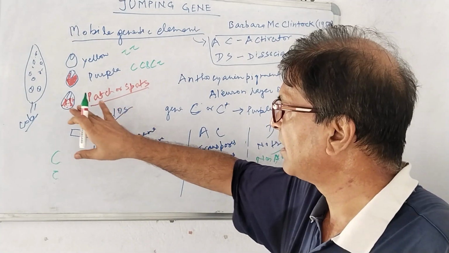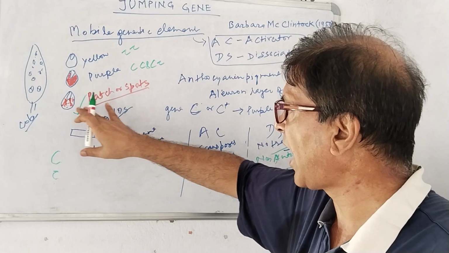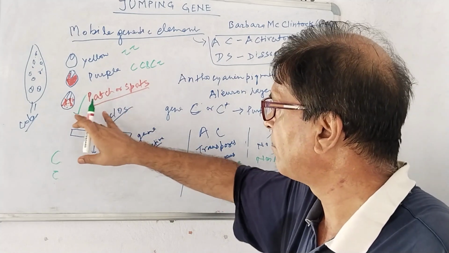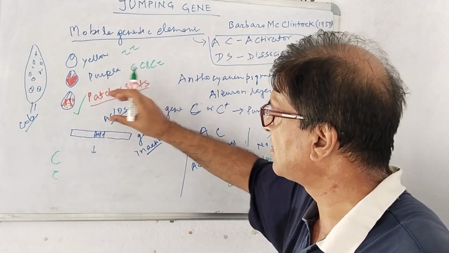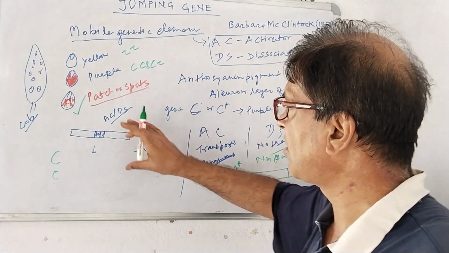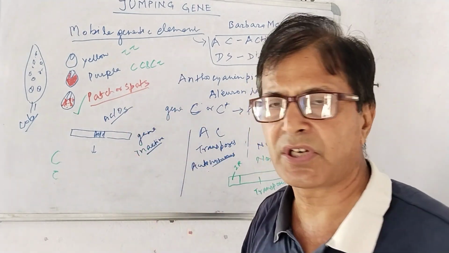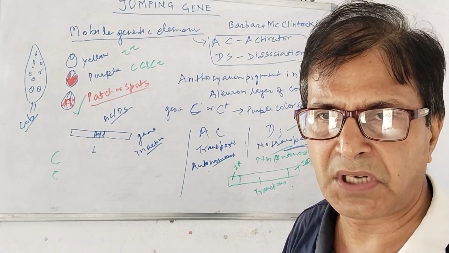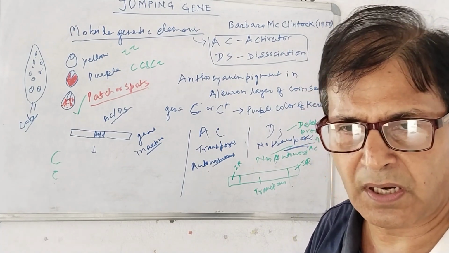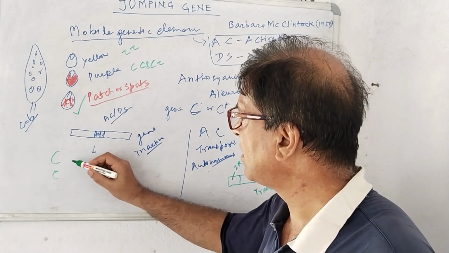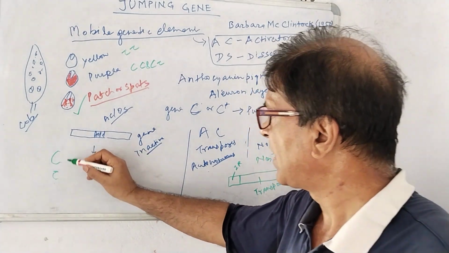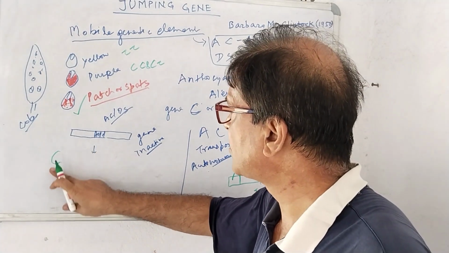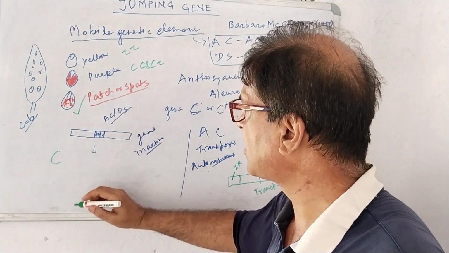Here you will find there is tissue specific expression, and the expression of the C gene is restricted to some patches or stripes, but it is not expressed in the entire kernel. Here we see that the C gene gets inactivated.